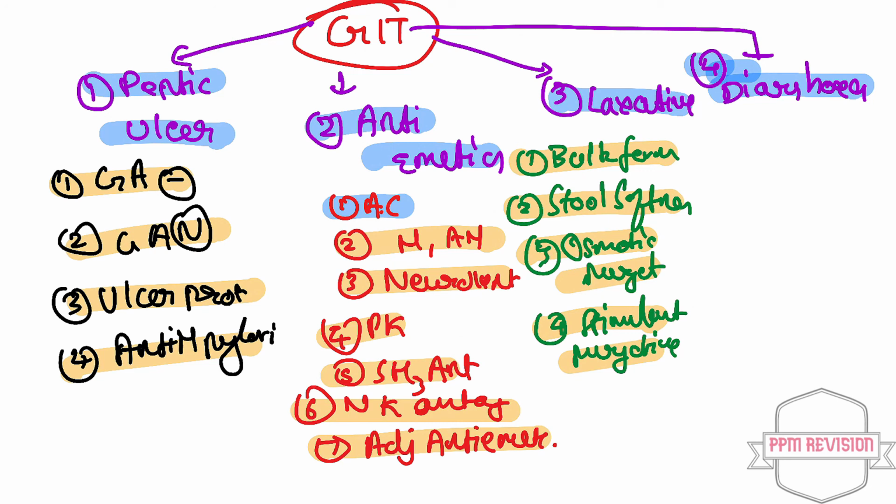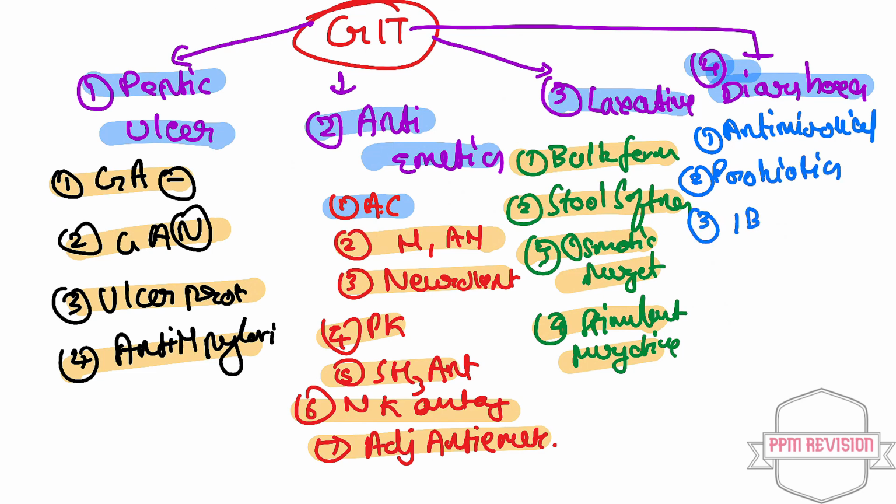Now lastly, what we have just recently covered, that is the anti-diarrheal. Under this anti-diarrheal, we have the antimicrobial, as well as probiotics. Then the drugs used in inflammatory bowel disease, that includes 5-ASA, glucocorticoids, and immunosuppressants.